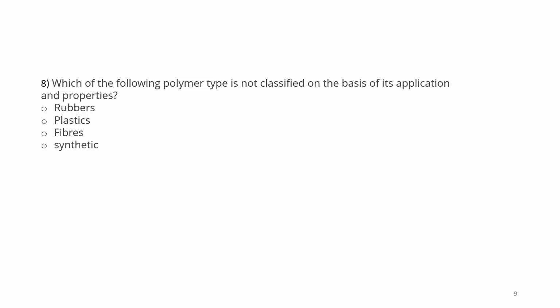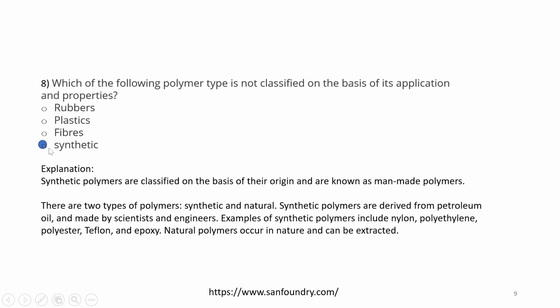Which of the following polymer types is not classified on the basis of its application and properties? Your options are rubbers, plastics, fibers and synthetic. Out of these, the initial three are based on applications. This one is based on origin. Synthetic polymers are classified on the basis of the origin of polymers, and these are known as man-made polymers.